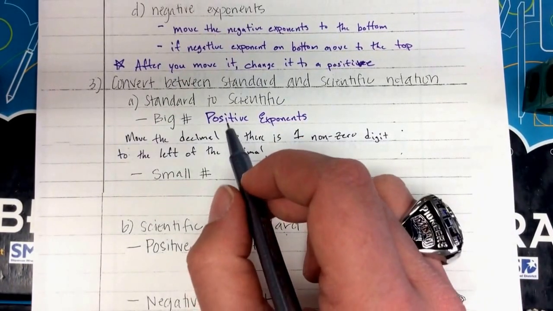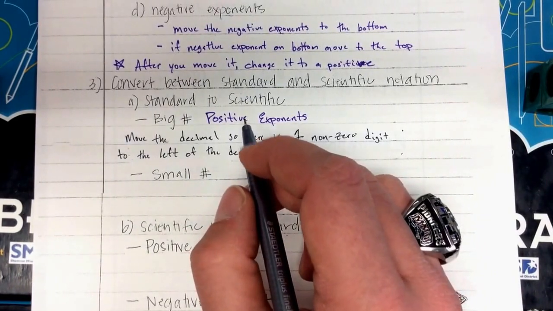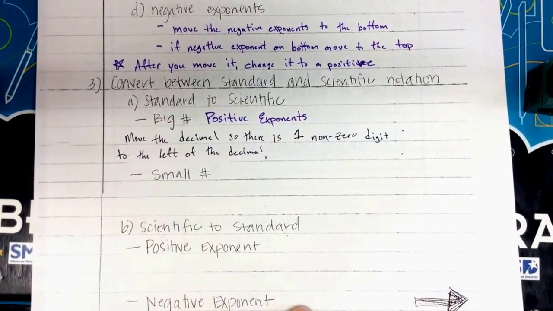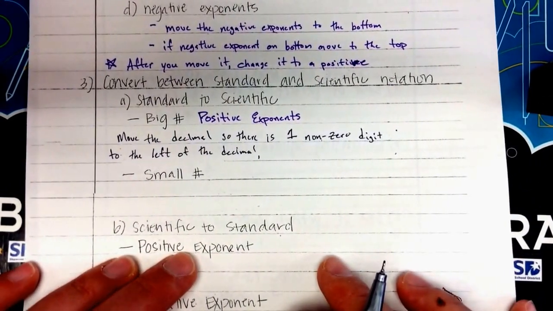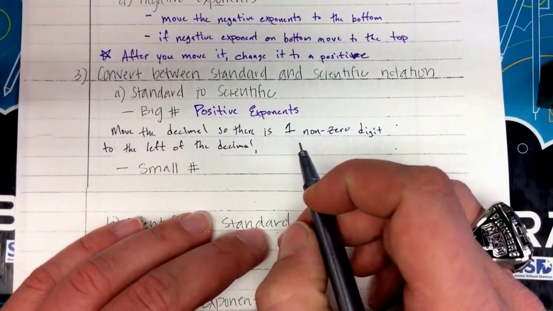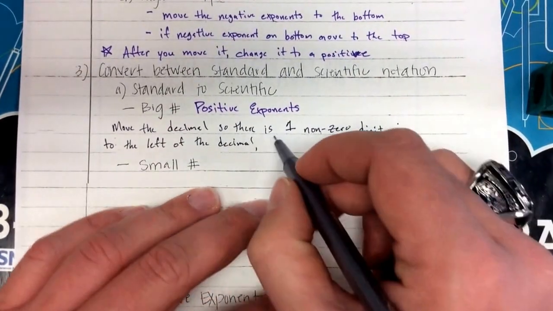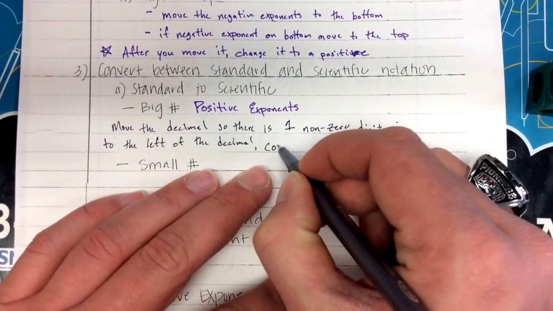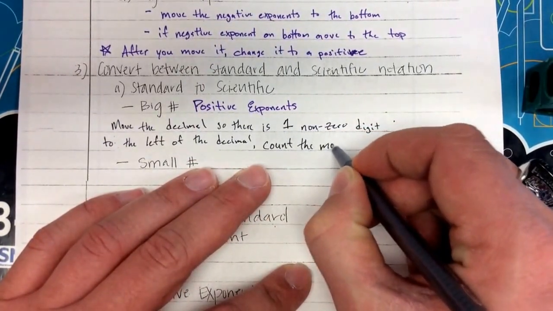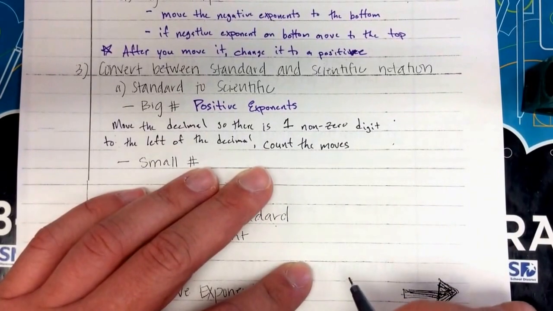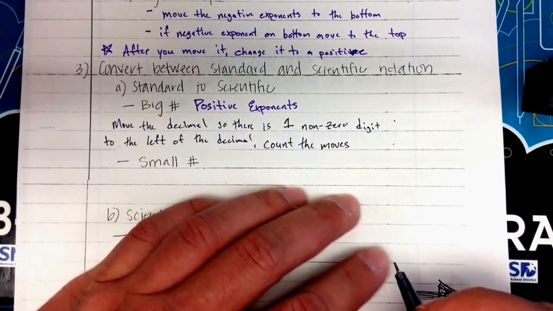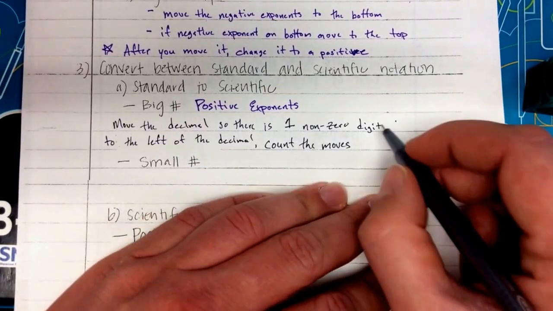How many times you move the decimal, what does that become? Skylar? It becomes the exponent. So you count the number of moves you make. So you count how many times you move the decimal, and that now becomes your exponent.